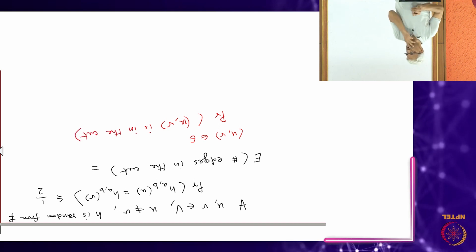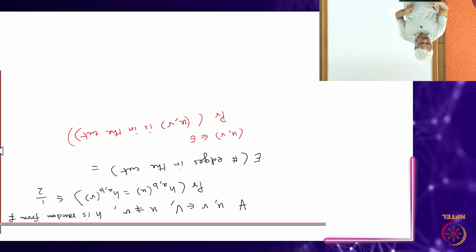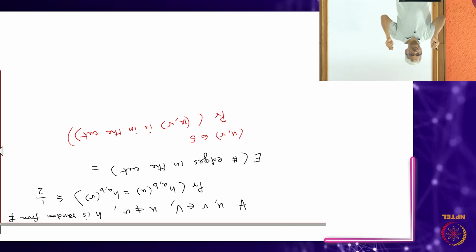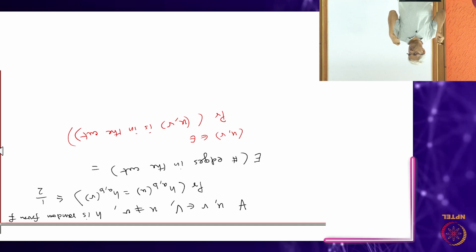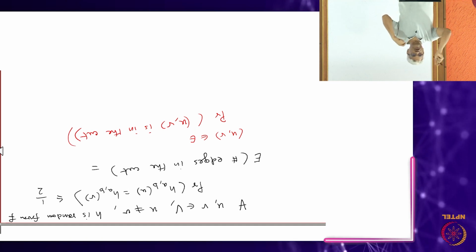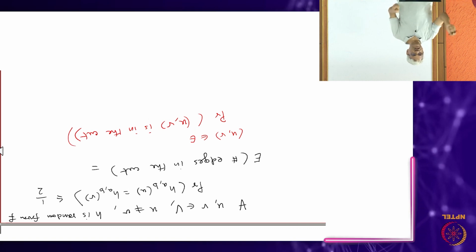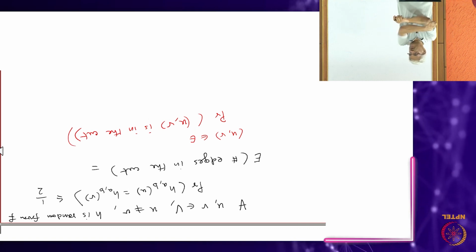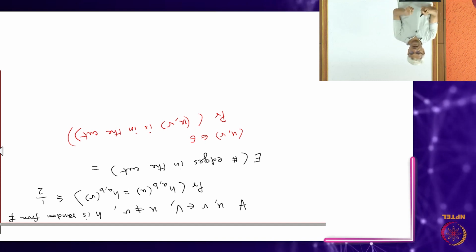Can somebody tell me? The probability that UV is in the cut is the probability that U and V get different values in the partition, in my coloring, in my coin toss. If U goes here and V goes here, or V goes here and U goes here, they should get different values, then it will be in the cut.